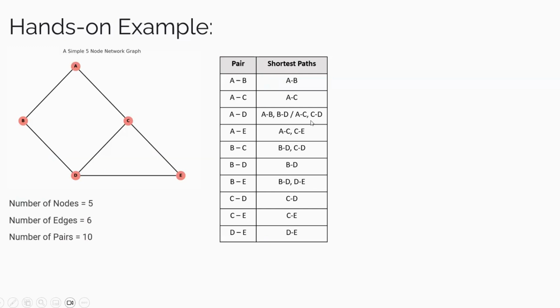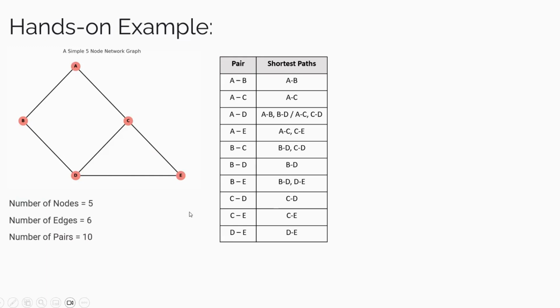Now what we do is we will try and see how many of these shortest paths that we have analyzed here are actually passing through these edges. So we basically see how many, right? 6 edges are there. So we'll try and see how many of these edges are actually falling in this.